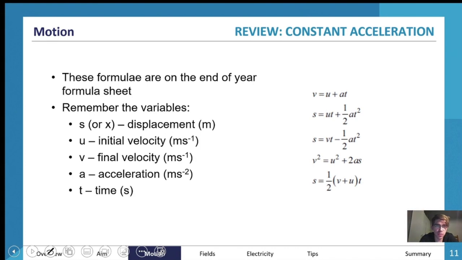Such as displacement is measured in meters, velocity, initial or final, is measured in meters per second. So u stands for initial velocity for those who don't know, and v stands for final velocity. a is acceleration in meters per second squared, and time is denoted as t, and it's measured in seconds.